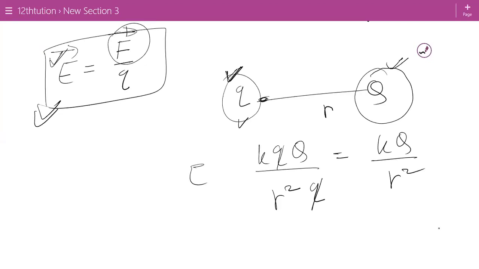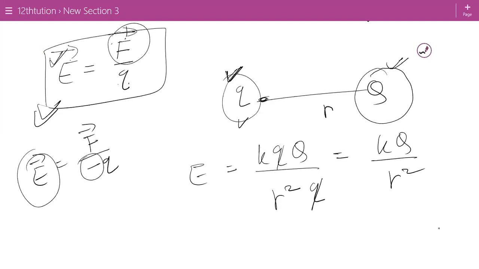That is the magnitude of electric field, and the direction of electric field will be the same as the direction of F if the charge is positive. But if the charge is negative, then the force is divided by minus q. So if there is a negative sign here, it means the direction of electric field will be opposite to the force.